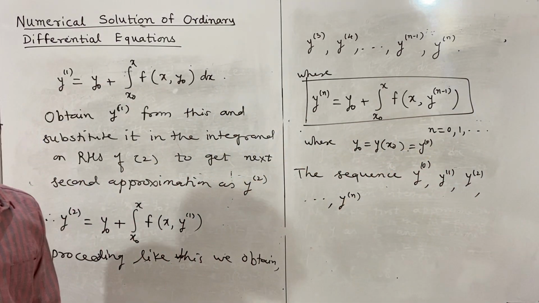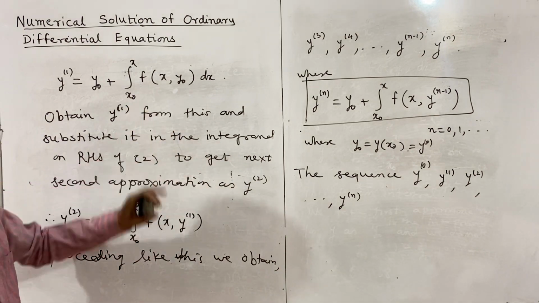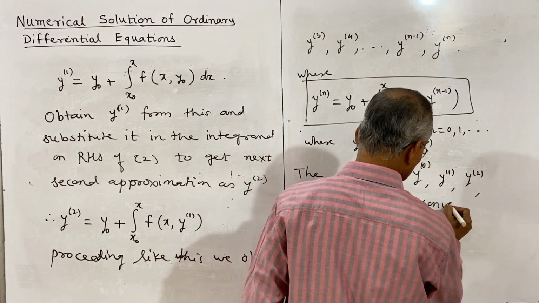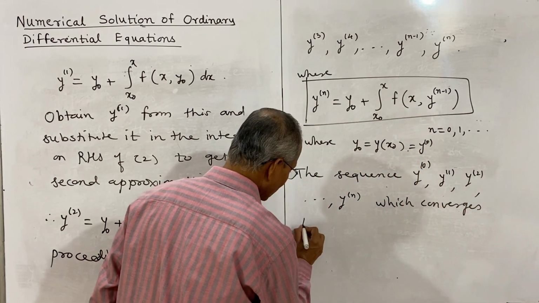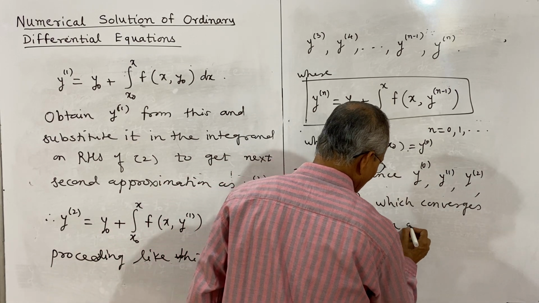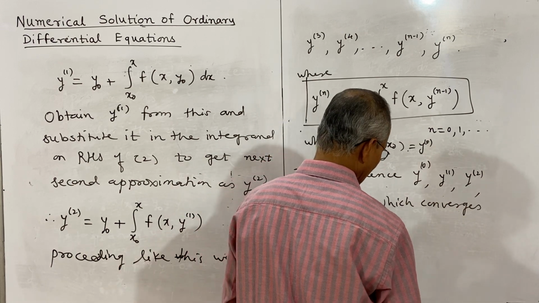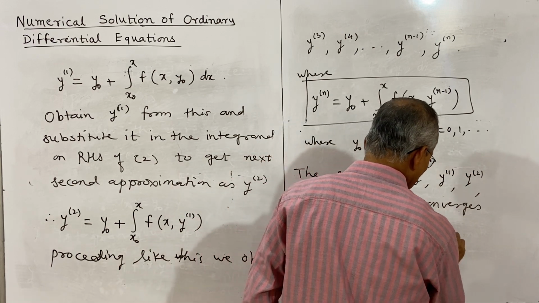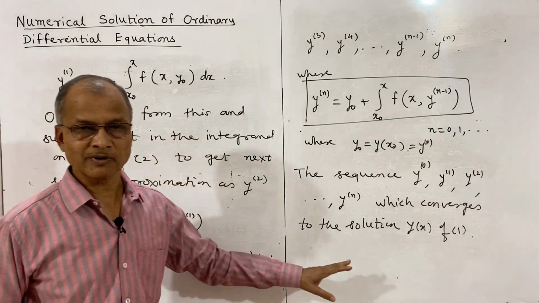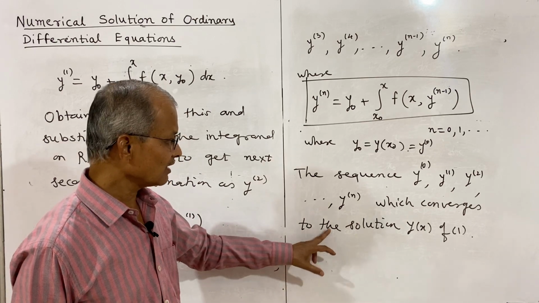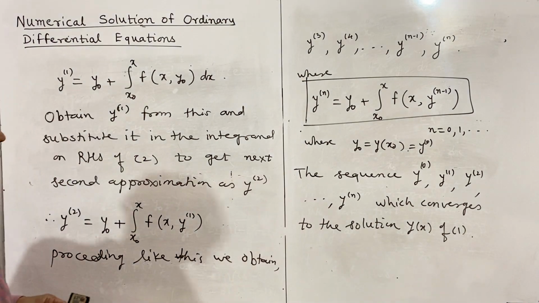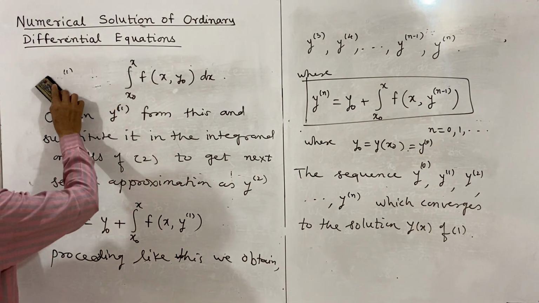This converges to the solution y of x of the differential equation 1. And there is a condition that this function f of x, y must be bounded, and that must satisfy the Lipschitz condition. Then this sequence converges, and which gives the solution. This is Picard's successive approximation method.